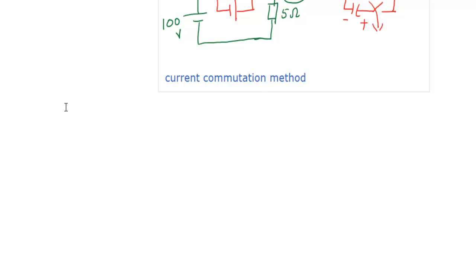Next, move on to the current commutation circuit. Current commutation circuit works the same way. We can take the same circuit.